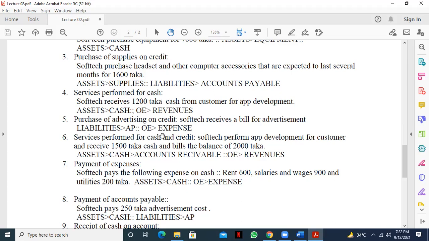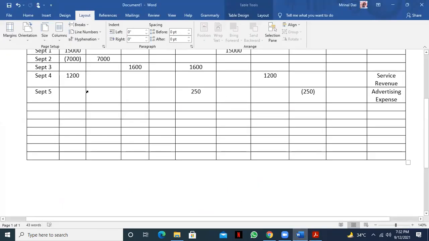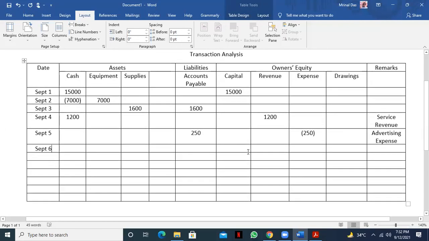So let's see, 1500 taka cash and bills for the balance 2000 taka. So you'll write 3500 taka in the revenue column, September 6. This is service revenue.